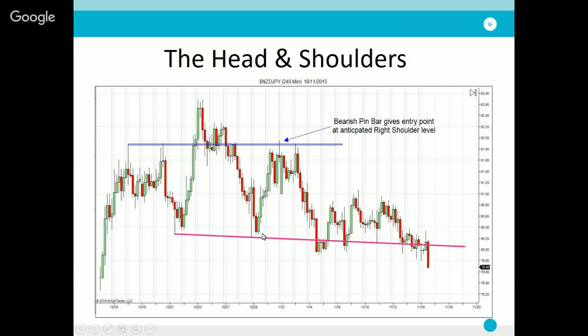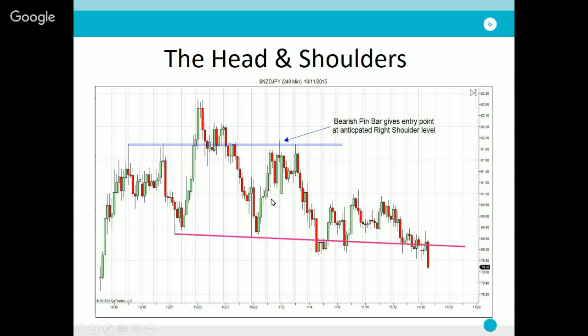So imagining we're at this point in time here where I can see that we have this structure in place. We formed a new high, we've held this neckline level. This to me looks like a head and shoulders pattern is likely to set up. And once you start to monitor the charts looking for these patterns, you'll generally find that your eyes start to pick up on this price movement and they start to jump out at you.